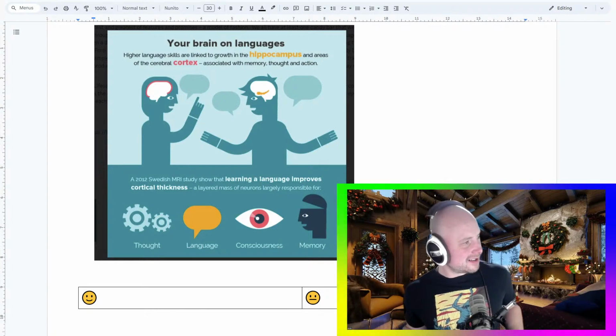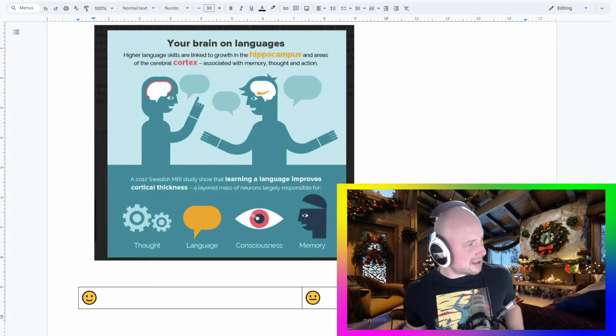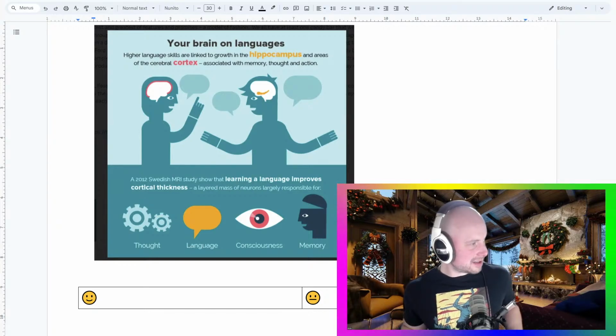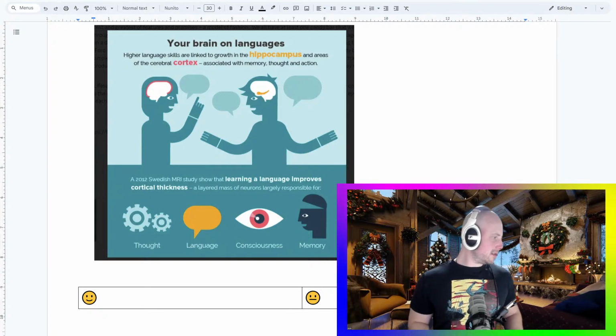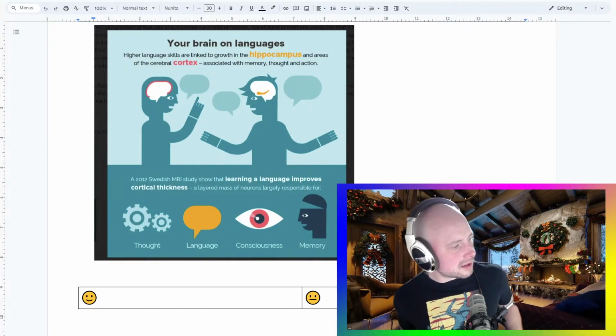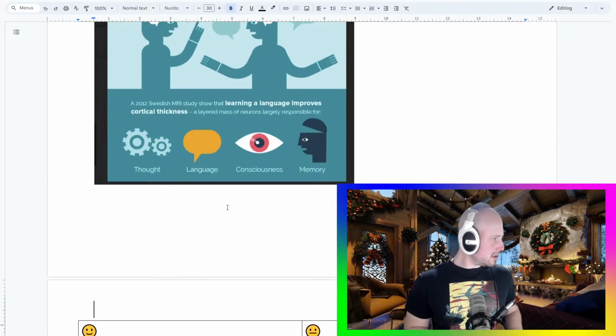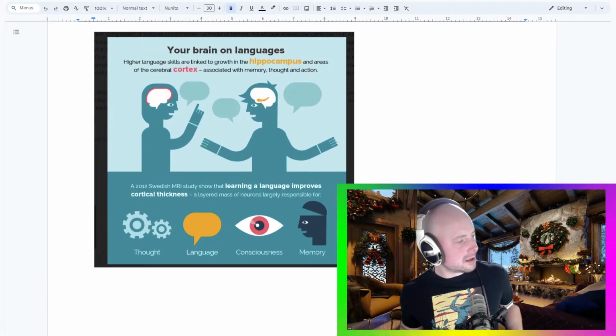A phrase learning a language improved cortical thickness is bold. Thought represented as two gears. Language as an orange dialogue bubble.